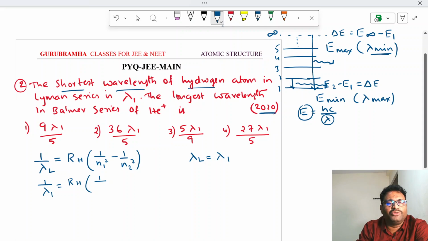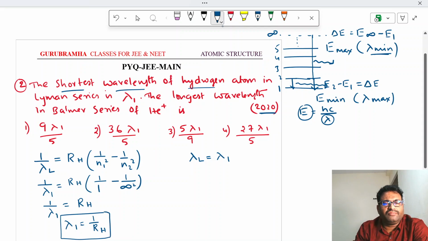It is returning to 1, minus 1 by, from where is it returning? It is coming from infinity, because shortest wavelength means maximum energy difference. Maximum energy difference will be from infinity to 1. So infinity square. So 1 by lambda 1 is equal to RH. So we have lambda 1 is equal to 1 by RH. So this is the shortest wavelength of hydrogen atom in Lyman series.